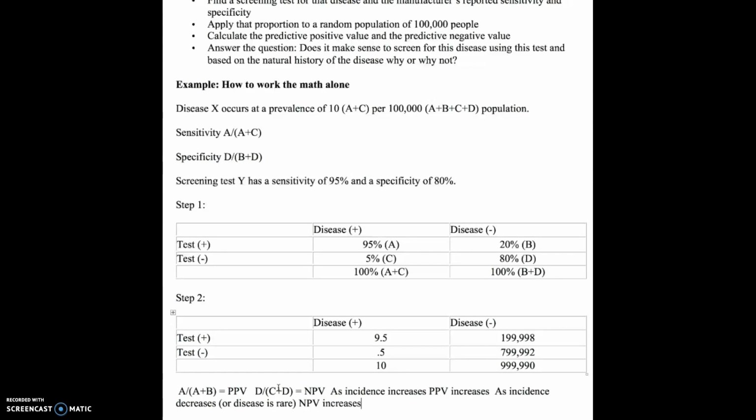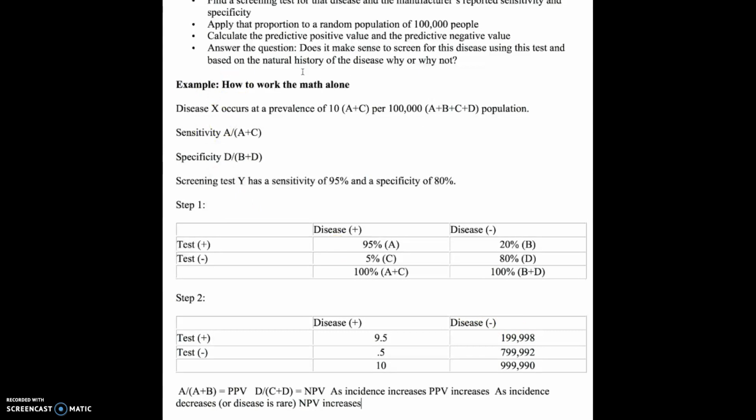In a TB example, we cannot use QuantiFERON Gold to screen 10,000 people for TB because the QuantiFERON Gold test costs $600 and the TB skin test costs $25. Even though QuantiFERON Gold is a better test, it does not meet the economic return on investment. So this is how you populate the math.